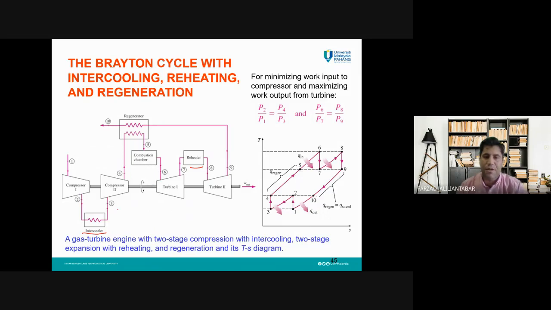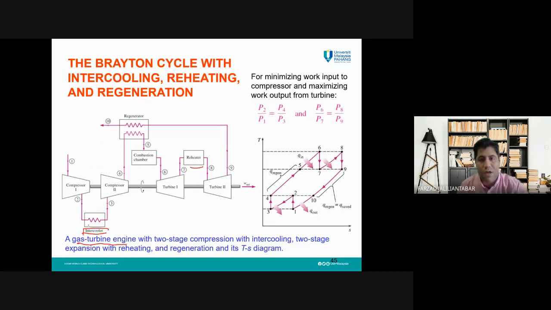For example, in practice, we usually use a multi-stage Brayton cycle, or gas turbine engine. As you can see here, for this type of gas turbine engine, you have 2 compressors, for example, 2 turbines, and between the compressors, we put the intercooler.